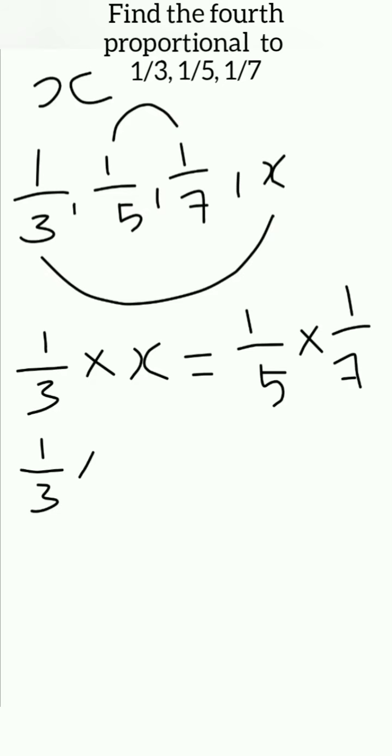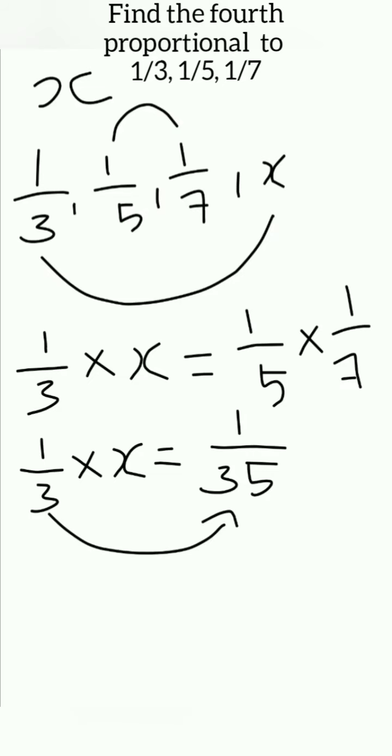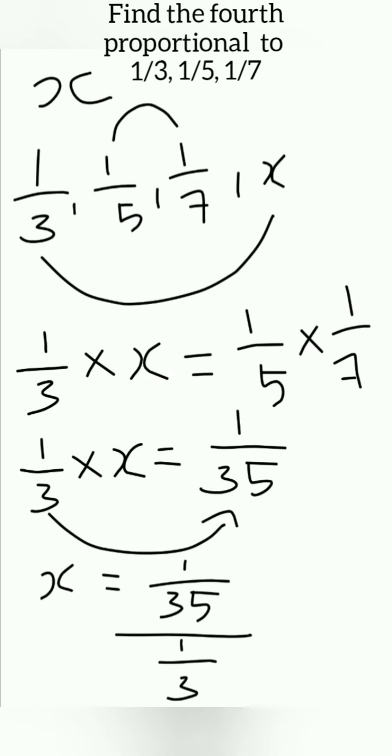1 by 3 into x is equal to, what is 1 by 5 into 1 by 7? It is 1 by 35. Now I'm going to take this 1 by 3 to the right hand side. So here on the left hand side we are left with x. So x is equal to 1 by 35 divided by 1 by 3.